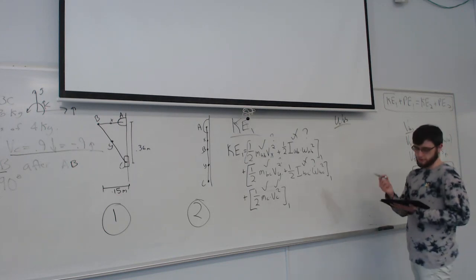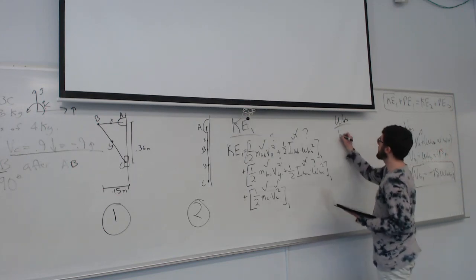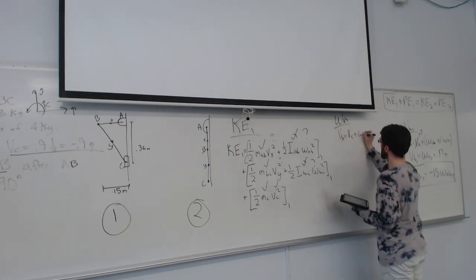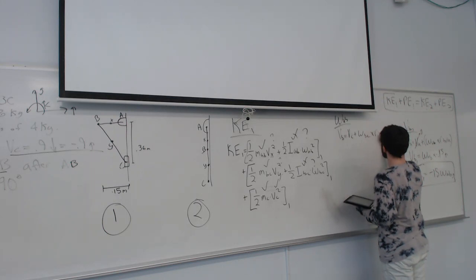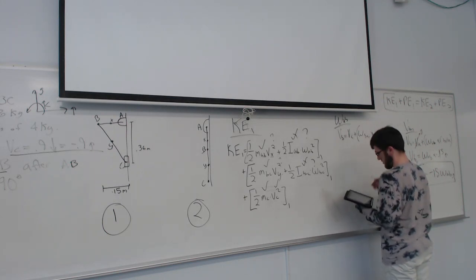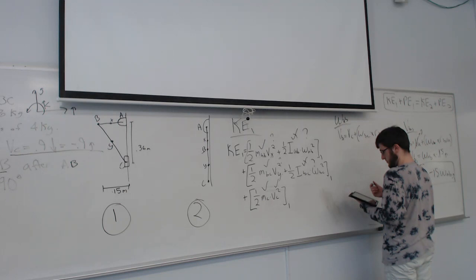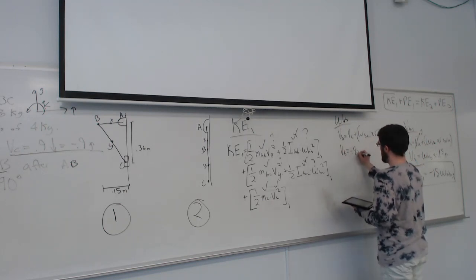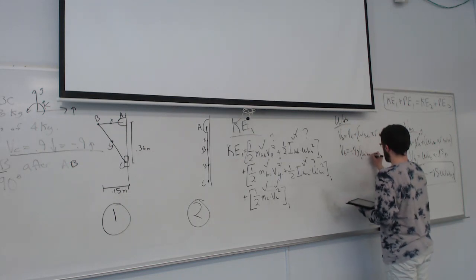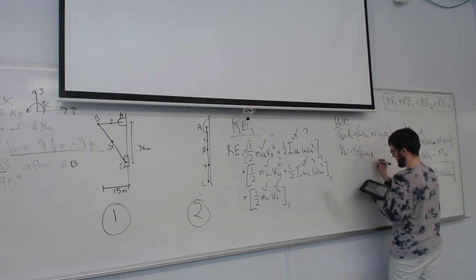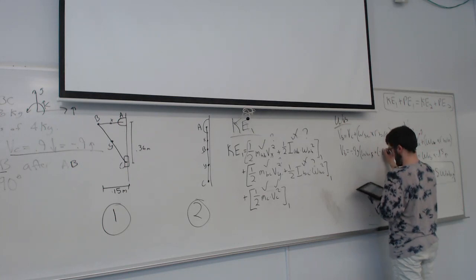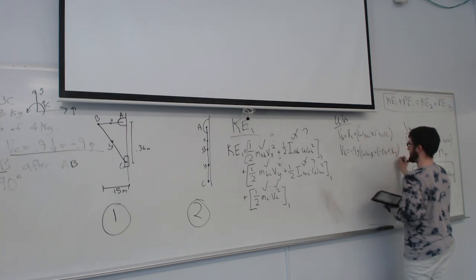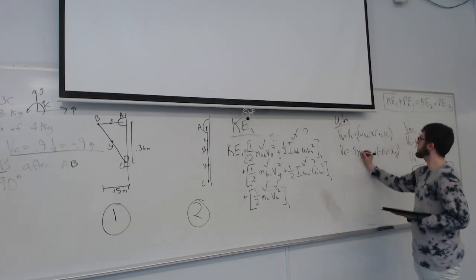So from that rod, we have velocity of B equals velocity of C plus.